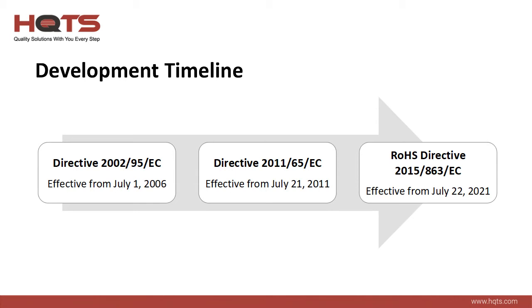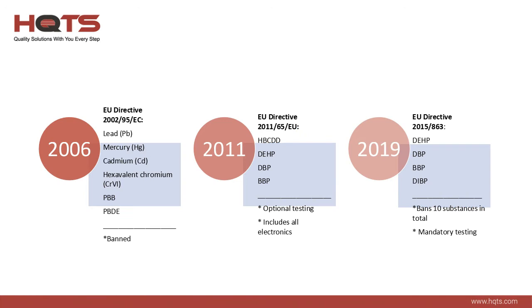The first directive that came into force in 2006 banned the use of 6 substances, including lead, mercury, cadmium, hexavalent chromium, polybrominated biphenyls, polybrominated diphenyl ethers. In 2011, the directive expanded the restricted category to all electrical and electronic equipment and adds optional testing for additional substances.